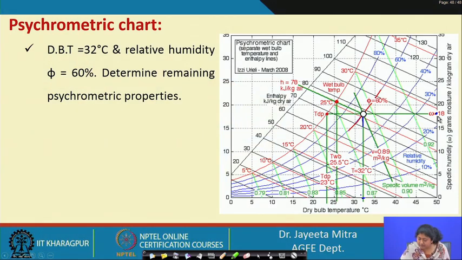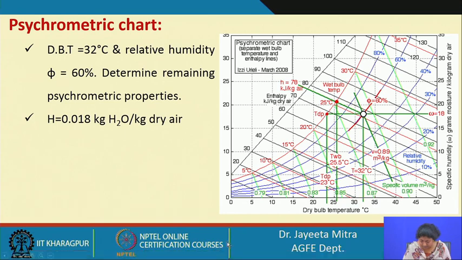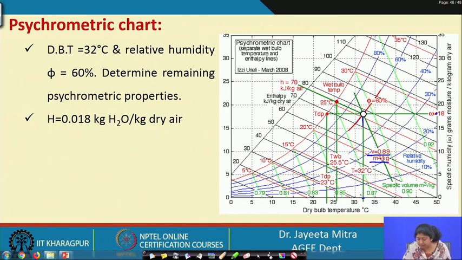So, here we are getting 18, and we can convert it to kg moisture per kg dry air as well. Then from this point we can find the value of the humid volume. So, we follow the slanting line, and we can see that this is coming around V equal to 0.89 meter cube per kg. So, humid volume we can get from this line.